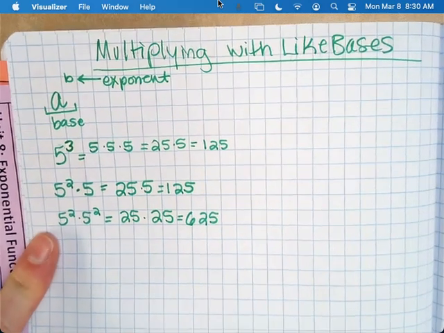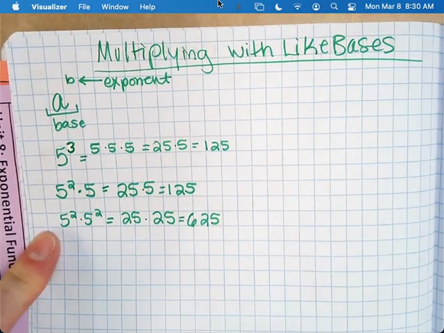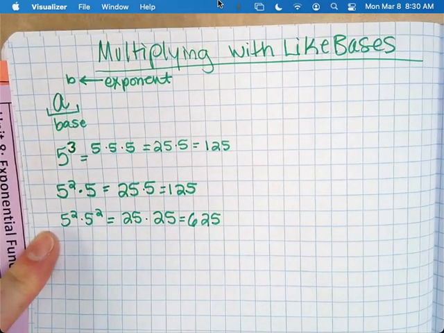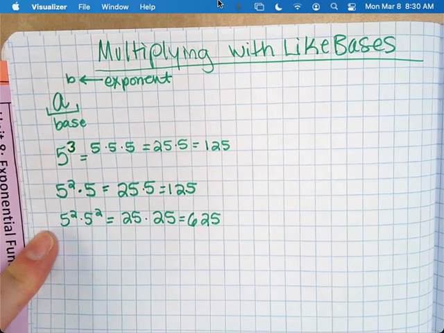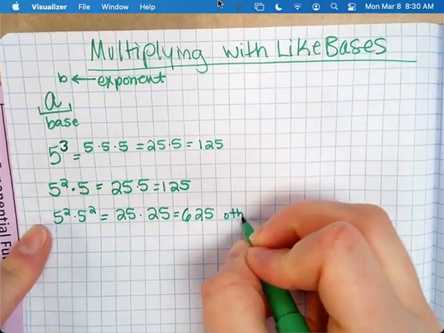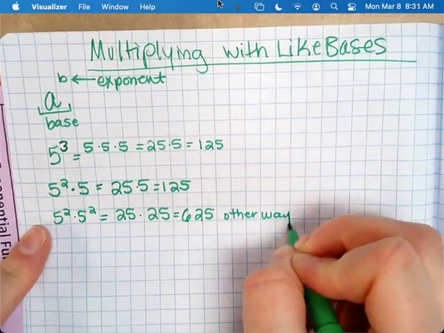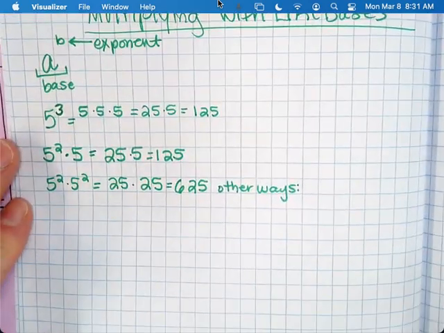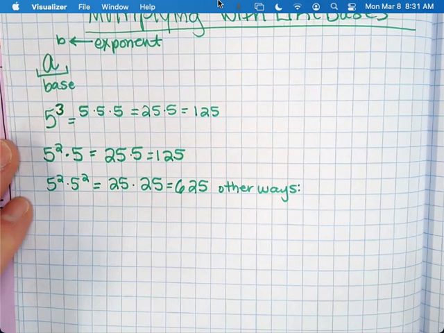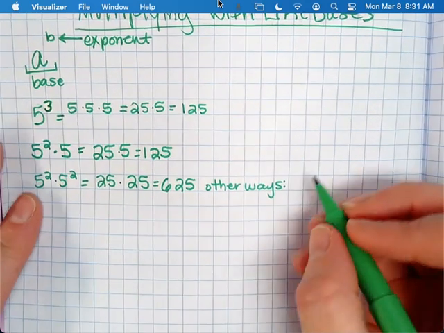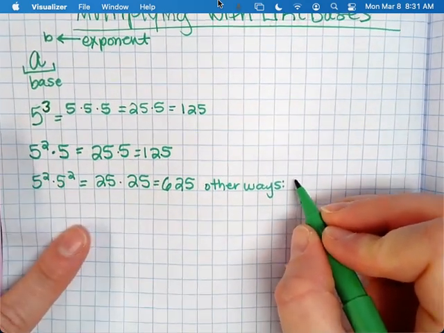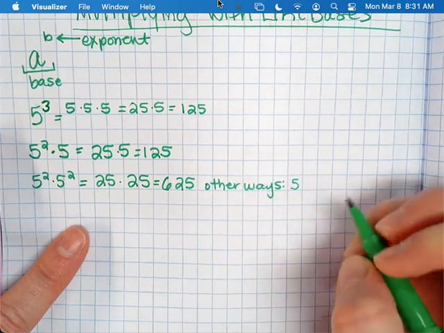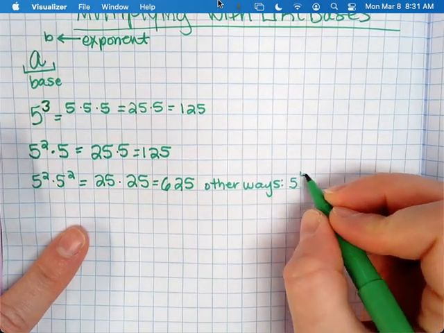Okay, are there different ways to write 5 squared times 5 squared? There's some other ways to write that. 5 with the exponent of what? 4, yeah.